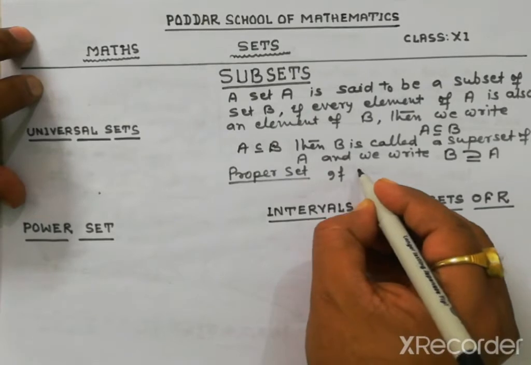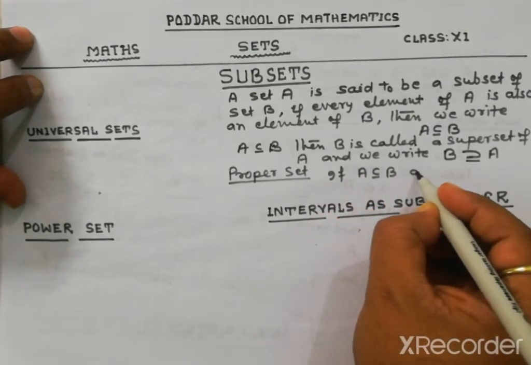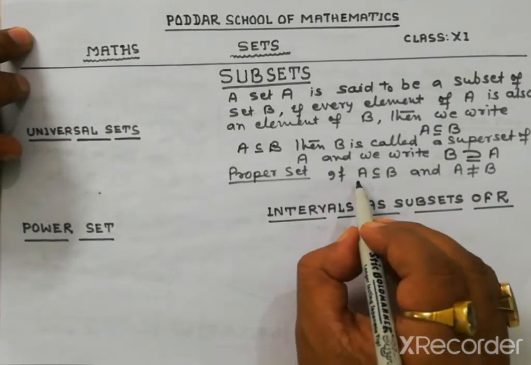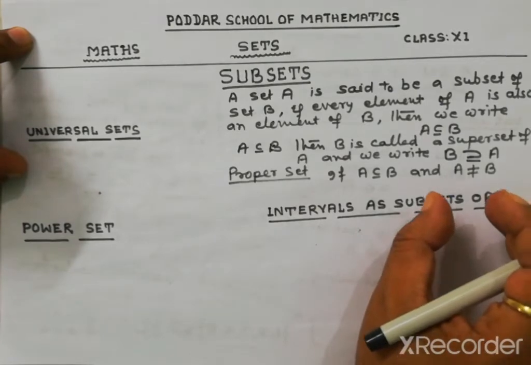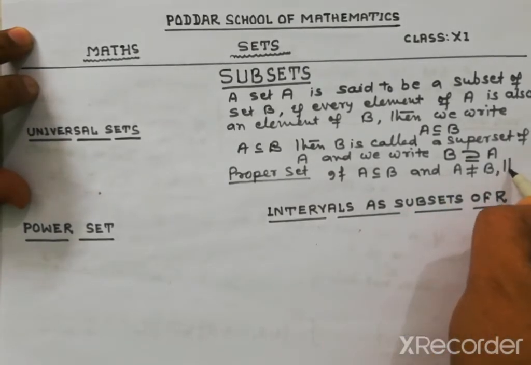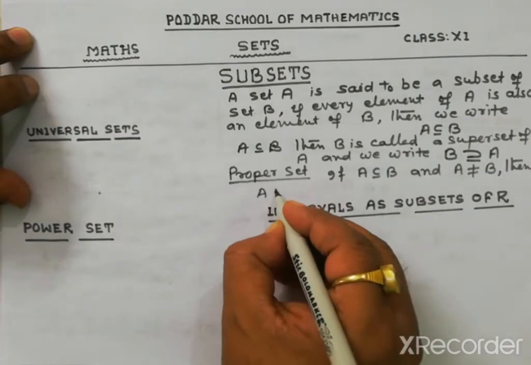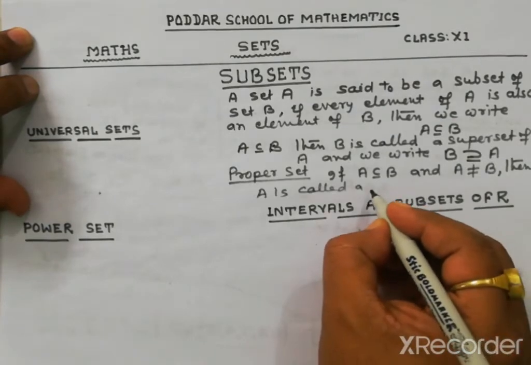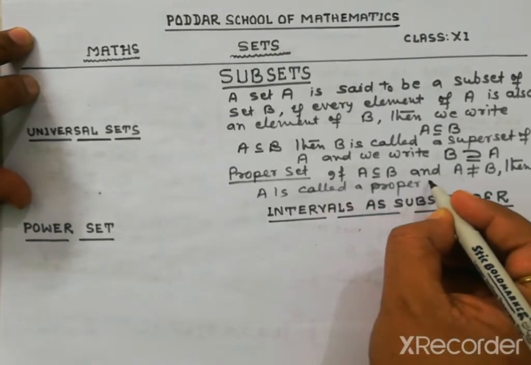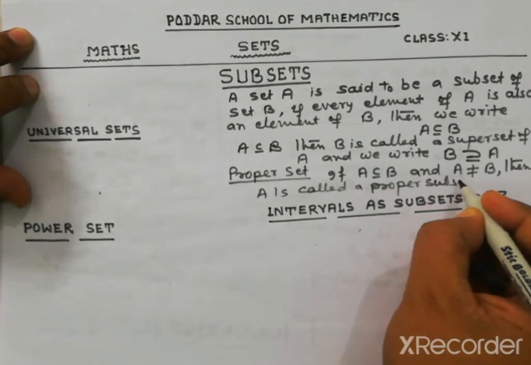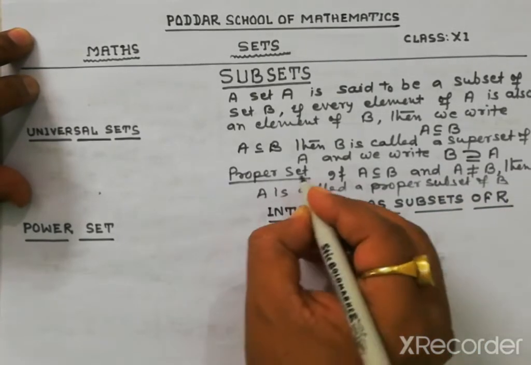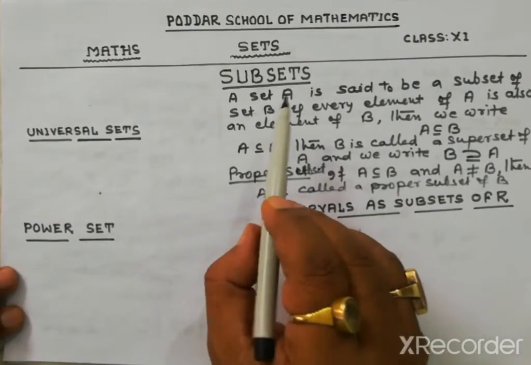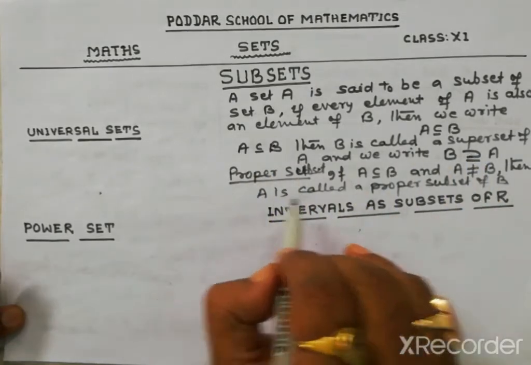If A is a subset of B and A is not equal to B, A is a subset of B but A and B are not equal; they may or may not be equal. If they are not equal, then A is called a proper subset of B. Here you can say subset, not set. So we have discussed about subset, superset and proper subset.